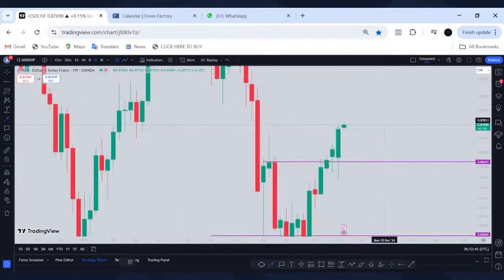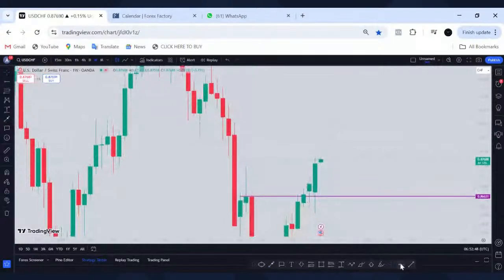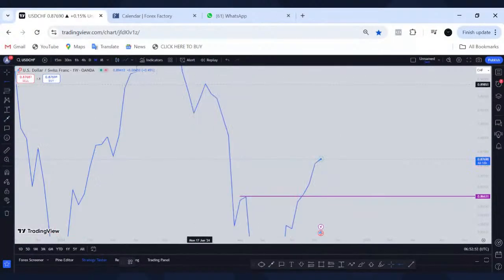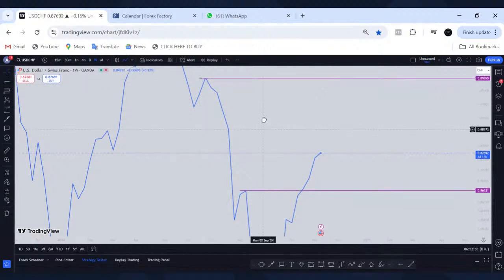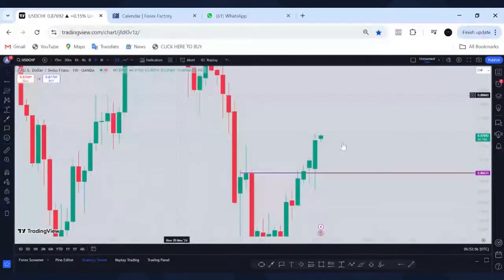You get it? It has closed with a strong bullish candle.